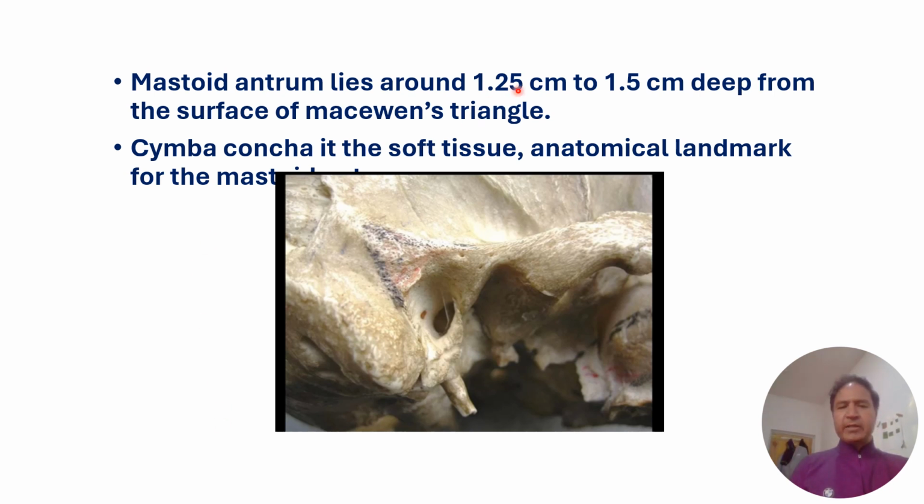The mastoid antrum lies around 1.25 to 1.5 cm deep from the surface of MacEwen's triangle. The cymba concha is the soft tissue anatomical landmark for the mastoid cavity.